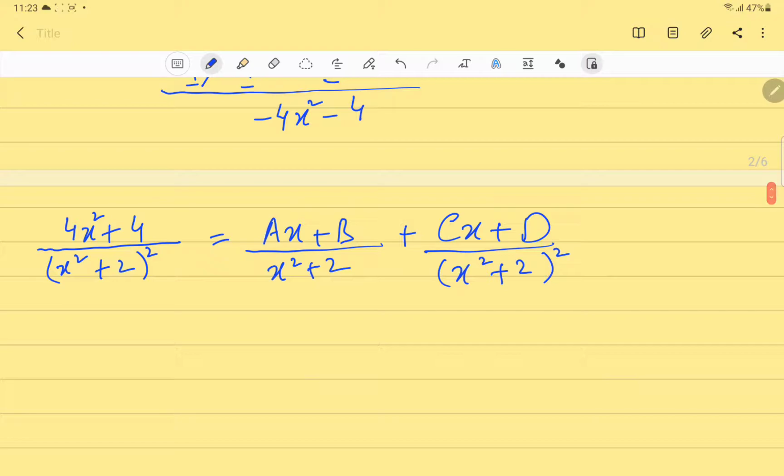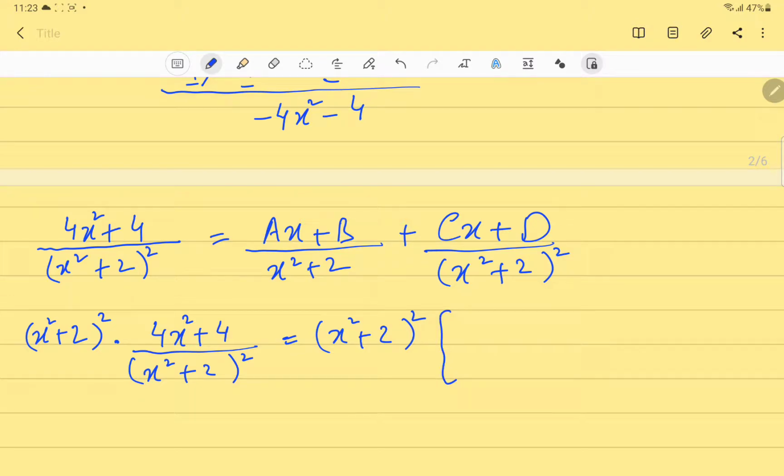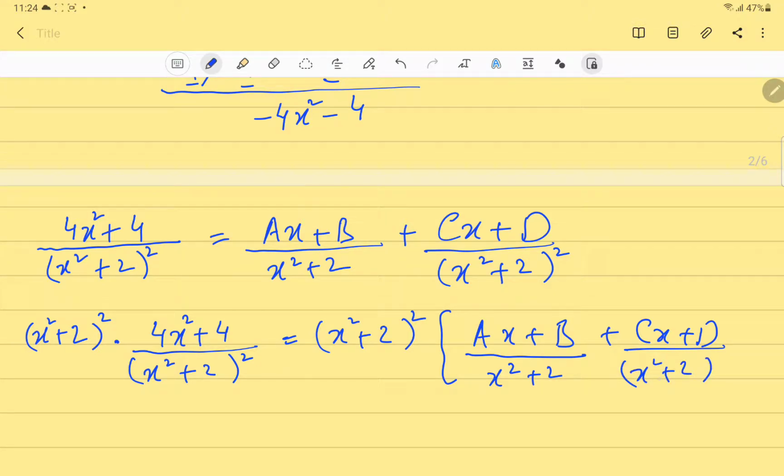Now let's multiply both sides by x squared plus 2 whole squared. 4x squared plus 4 over x squared plus 2 whole squared equals ax plus b over x squared plus 2 plus cx plus d over x squared plus 2 whole squared.